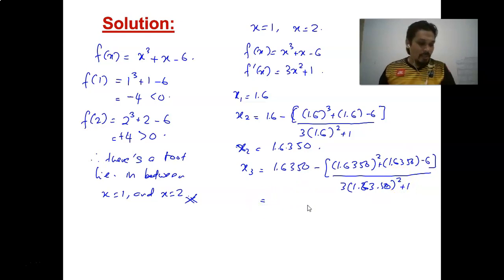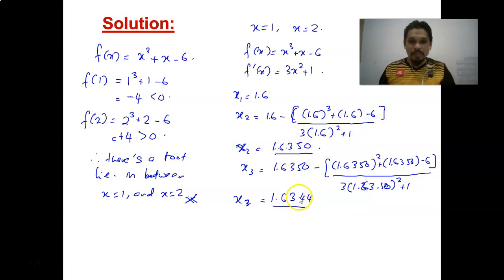And for x3, you will get here 1.6344. Okay, you compare between this and this, 1.6350 and 1.6344. So because 5 will change this 3 to 4.